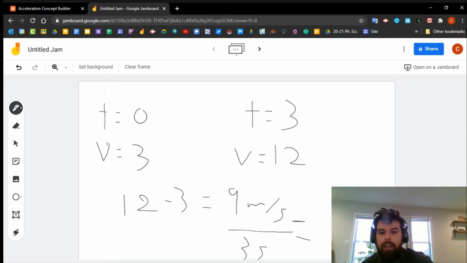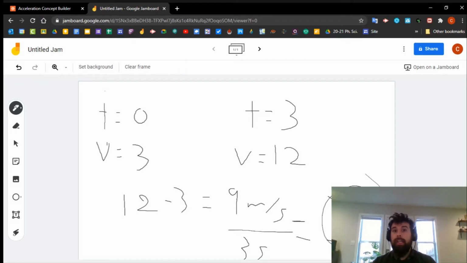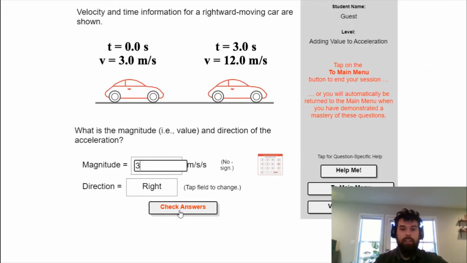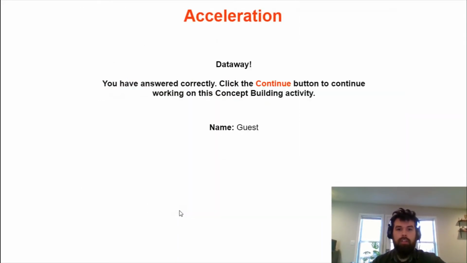The answer to that is 3. So in short, if I speed up 9 meters a second in 3 seconds, then I speed up by 3 meters a second every second. All right, so I typed that in here. Let's see how it goes. Yay! All right, let's go to the next one.